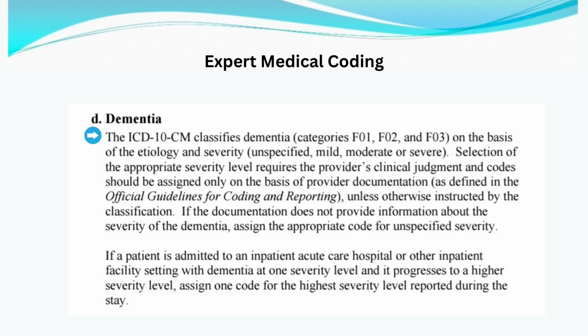If the documentation does not provide information about the severity of the dementia, assign the appropriate code for unspecified severity. If the patient is admitted to an inpatient acute care hospital or other inpatient facility setting with dementia at one severity level and it progresses to a higher severity level, assign one code for the highest severity level reported during the stay. Let's understand this guideline in more detail.